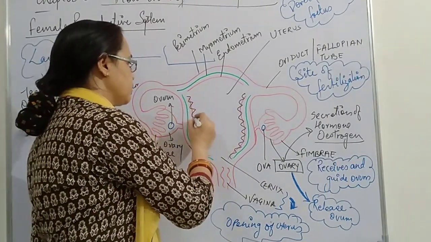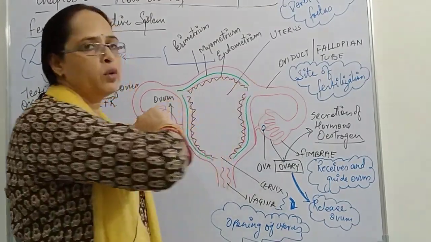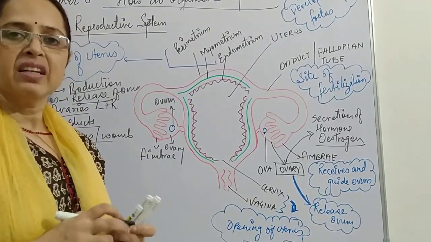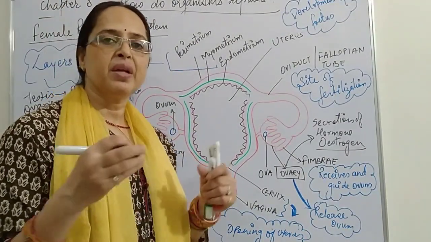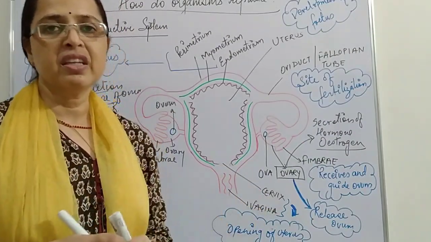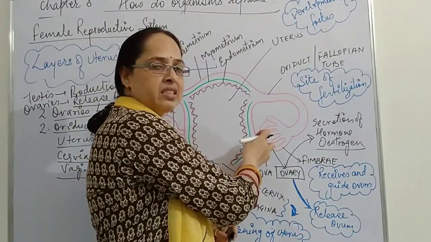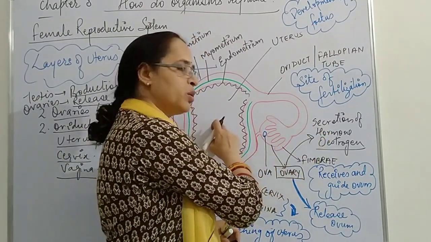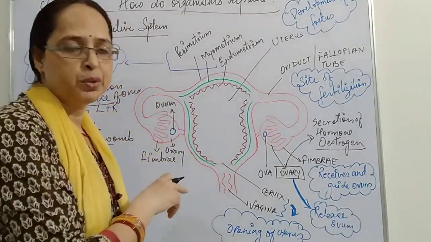When the ovum is released, estrogen hormone is also released, which makes the inner wall of the uterus thick. That is, the endometrium layer becomes thick, and this thickening is due to the accumulation of blood. Blood brings the nutrients and accumulates in the endometrium and makes it thick. So the ovum is released from the ovary, and the hormone estrogen is released, resulting in the thickening of the endometrium layer of the uterus.